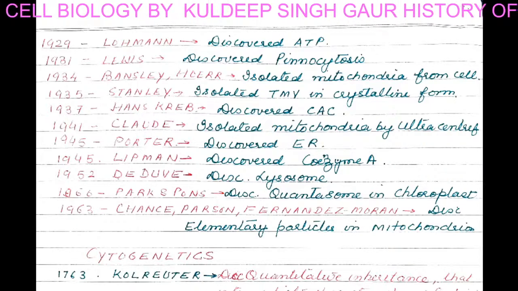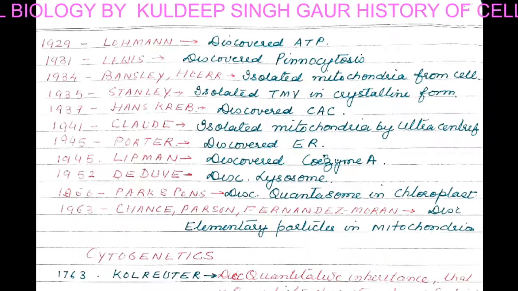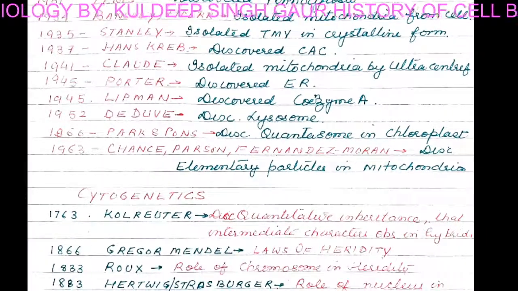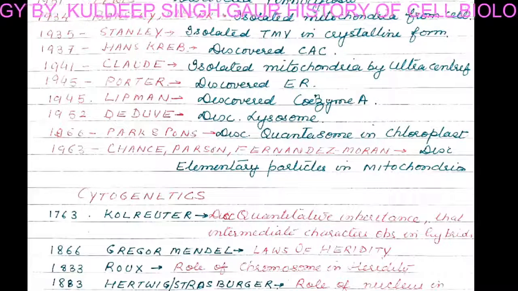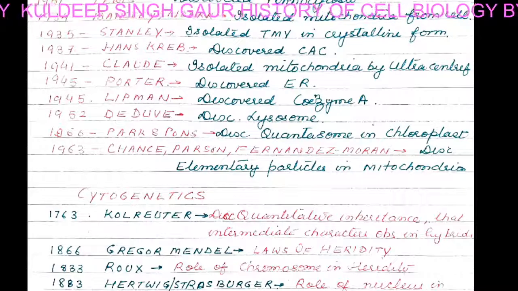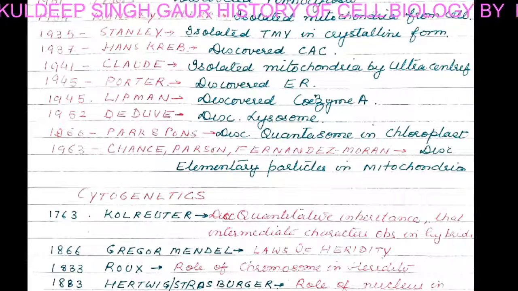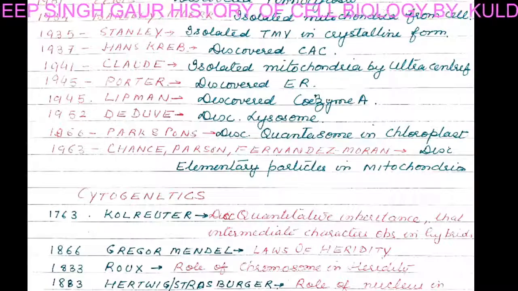Lipmann in 1945 discovered coenzyme A. In 1952, De Duve discovered lysosomes. In 1956, Park and Pon discovered quantasomes, which are present in chloroplast. 1963, Chance, Parsons and Fernandez-Moran discovered elementary particles in mitochondrion.